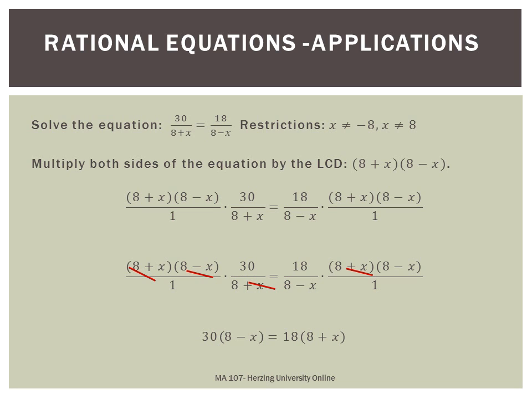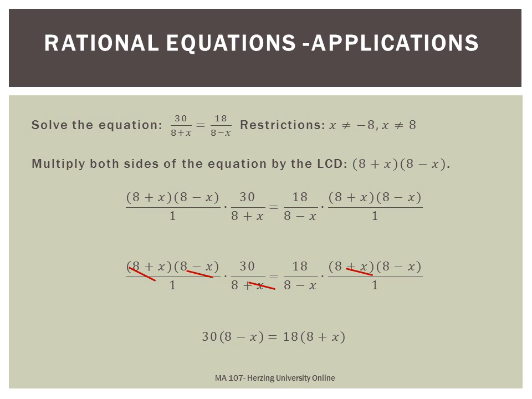First, we're going to list the restrictions. x cannot equal negative 8 and x cannot equal 8, as those values would make the equation undefined. Remove the fraction by multiplying both sides of the equation by the LCD, 8 plus x times 8 minus x.